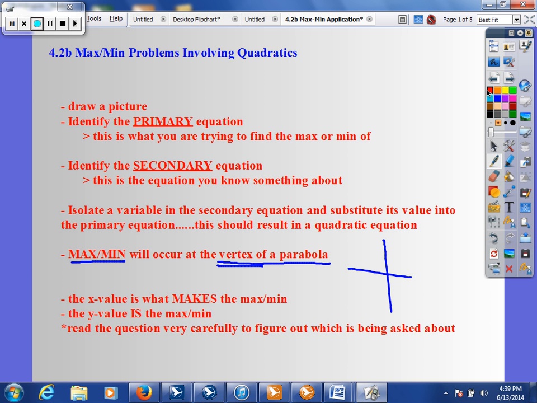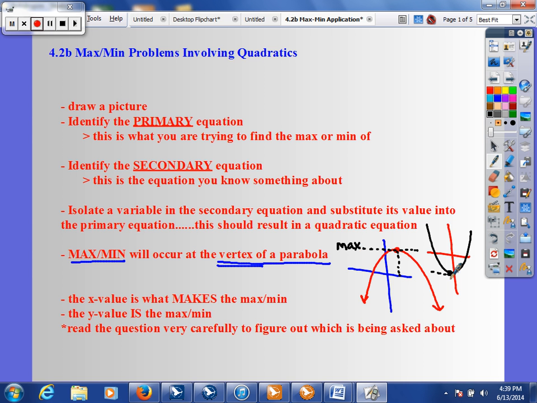Let's think about that. If we have, let's say, a concave down parabola, didn't we call this right there the top? It is an extreme. And then you have the bottom, right down here, and that's an extreme. This value right here is the highest value we can get. So we have an x value that produces it, and a y value that is the max. This is a max.